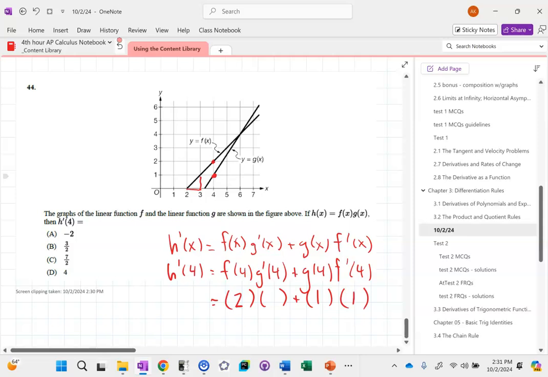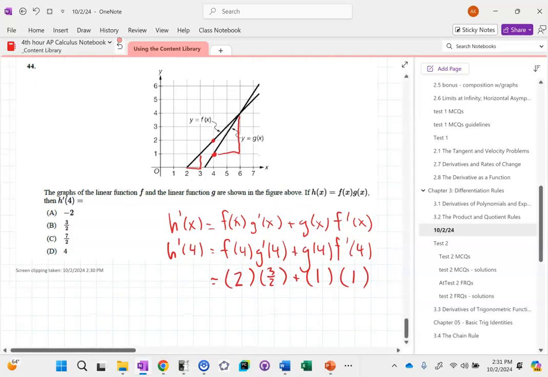Well, that slope is 1. If I look at g, I'm going 2 over and then 3 up. So that's going to be 3 over 2. Does that feel okay with you guys? And so I get 3 plus 1, which is 4.